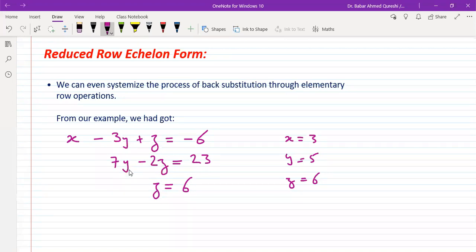So that will be my solution for y. And similarly, I can take this z, eliminate z from the first equation, take this y, eliminate y from the first equation. That's going to give me the solution for x. And that's always going to happen because these are also systems of equations. Very simple ones, but they are equations. So they are equivalent.